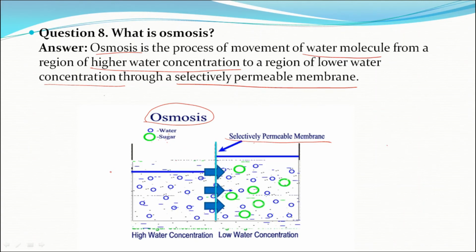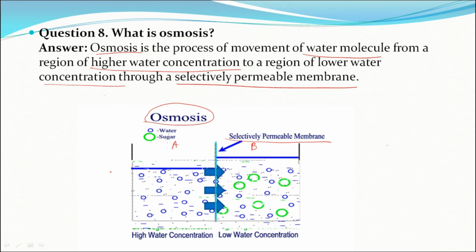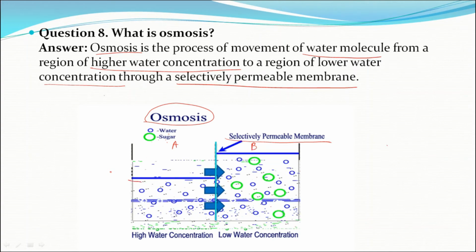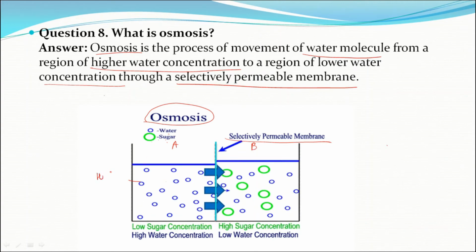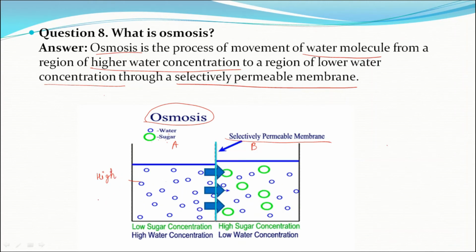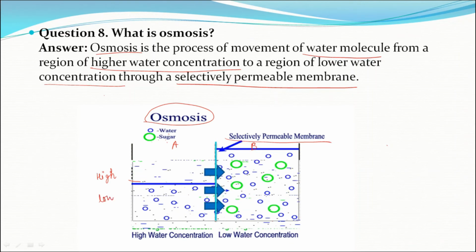So what you can see, this is the system A, this is the system B, which is separated by a selectively permeable membrane. Here, pure water is present, so we can say here concentration of water molecule is quite high, but concentration of sugar is low because sugar is absent in pure water.